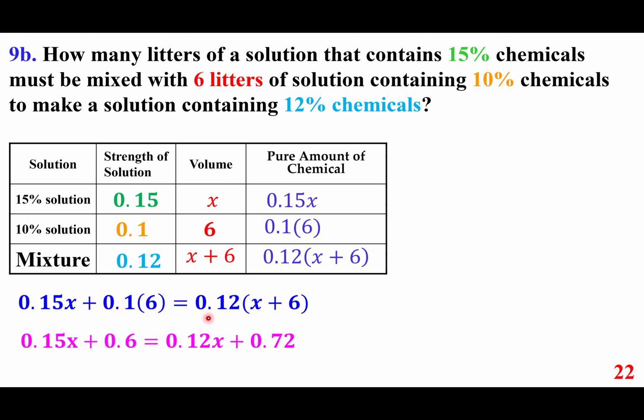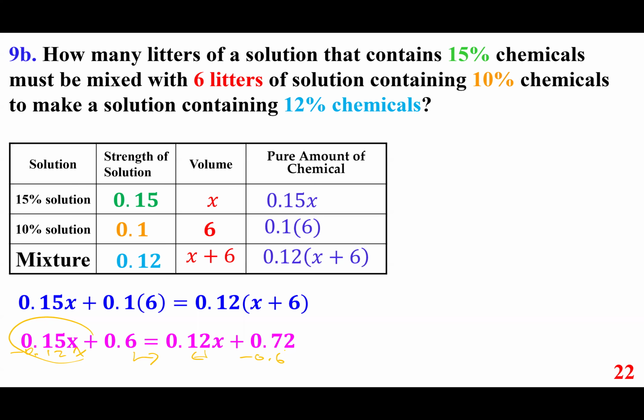So let's distribute and simplify and take it from there. Obviously, we move this. And subtract it from 0.15, we get 0.03x. We move this.